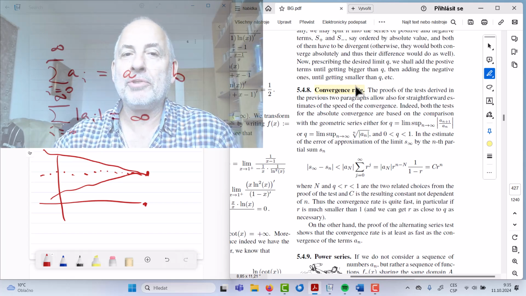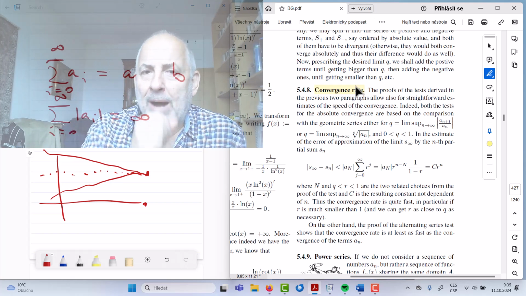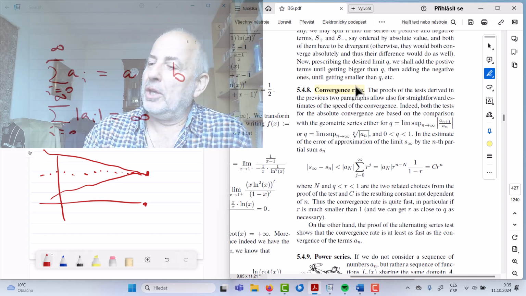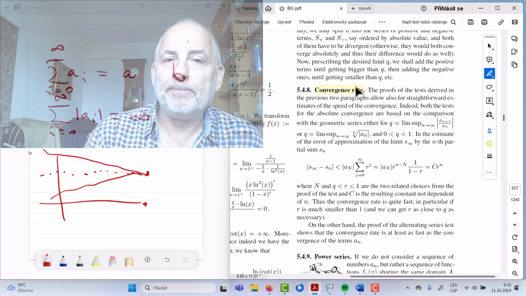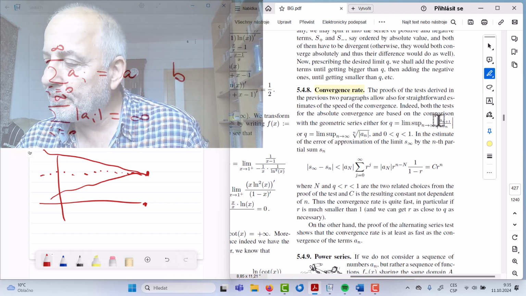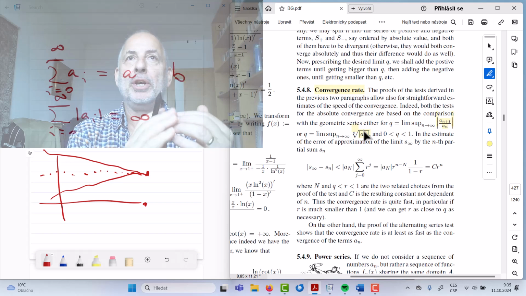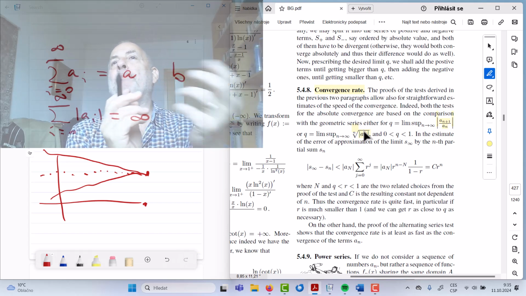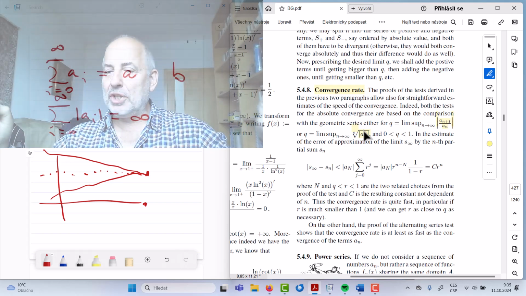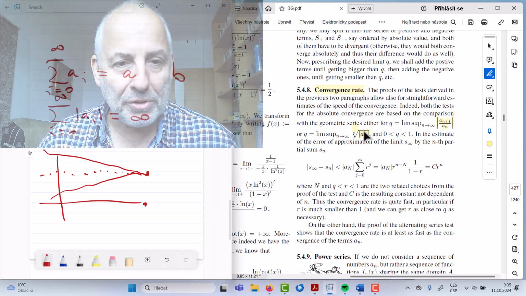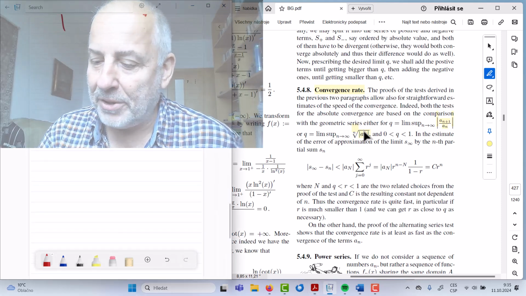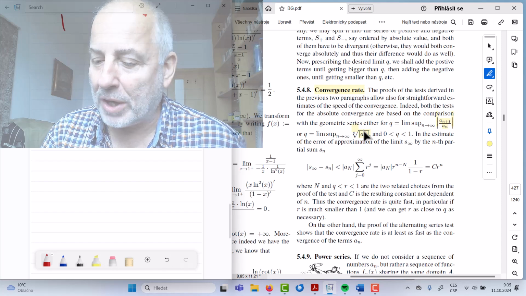And the convergence rate comes very nicely from the comparison test. If you have the ratio or root comparison test, in both cases we compare with the geometric series, right? I didn't remind this, but that's the easy one.